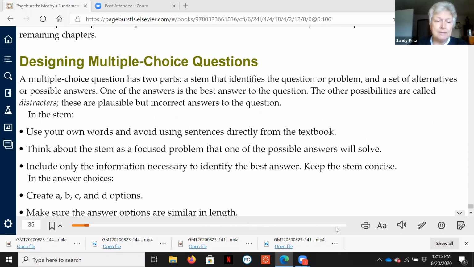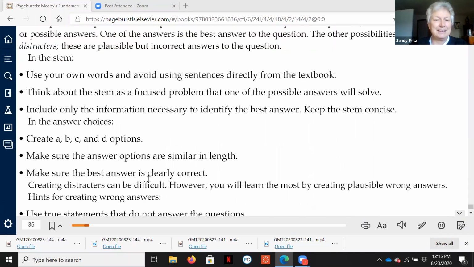You'll create A, B, C, D options. And you want to make sure that each of these options have a similar length. So you don't want to have your right answer be 2 sentences and your wrong answers be 3 words. You want some similarity there. That adds to the plausibility.